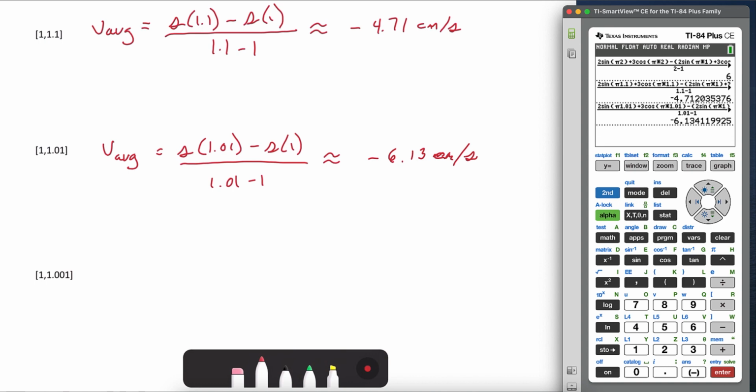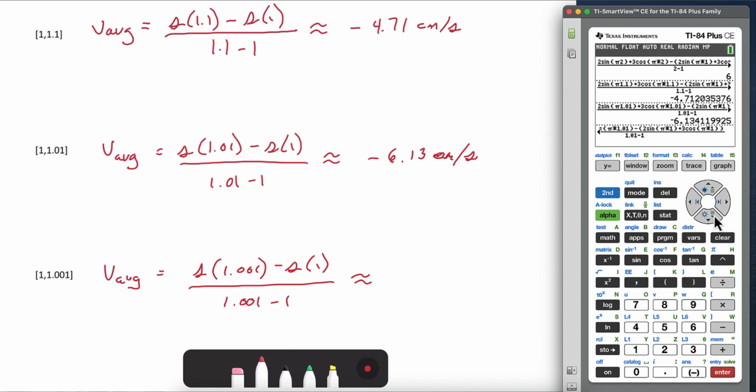We'll repeat this process for our next time interval. S evaluated at 1.001 minus s of 1 all over 1.001 minus 1. Back to the calculator. Just need to go in and change those values.